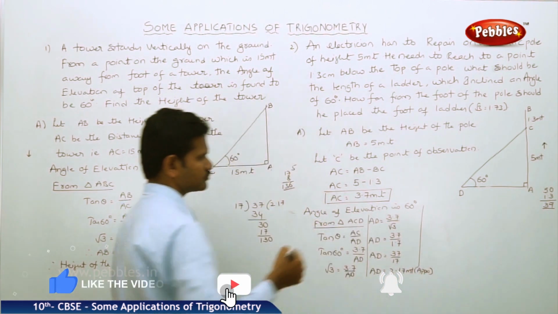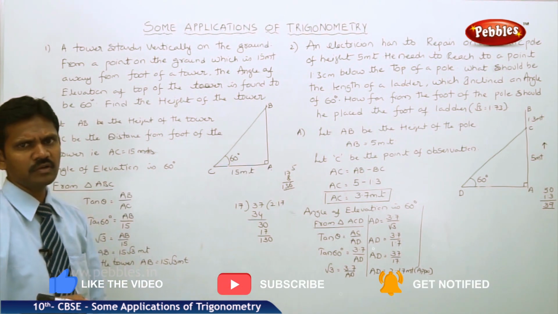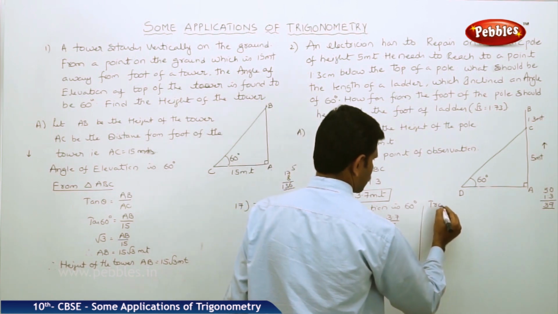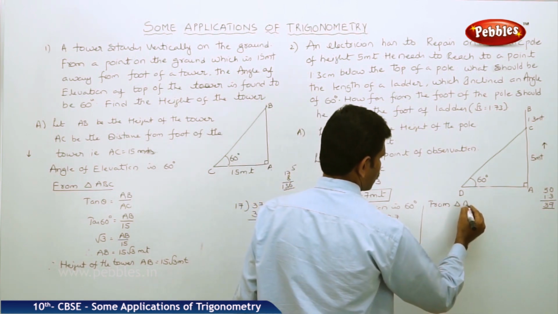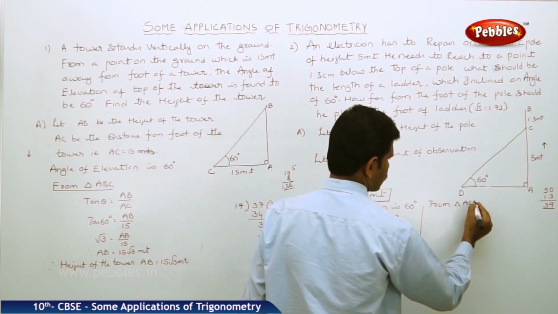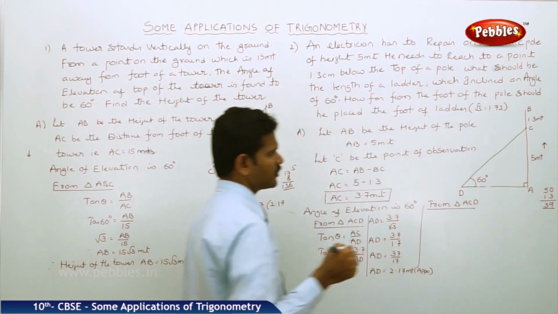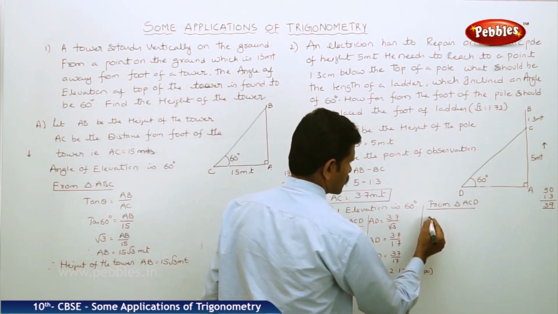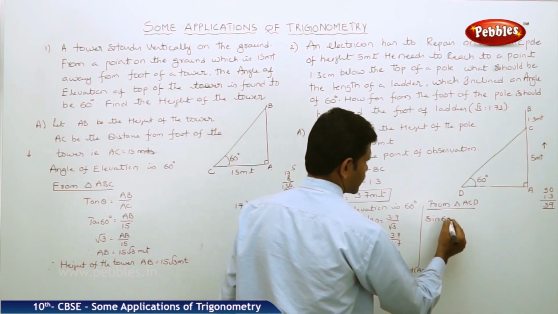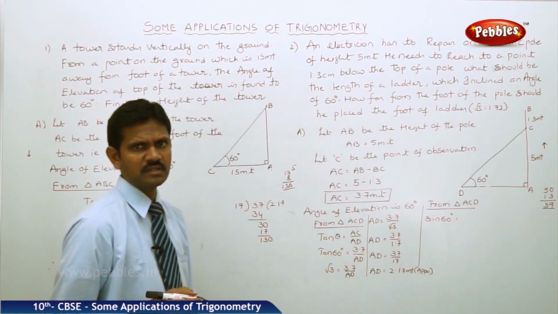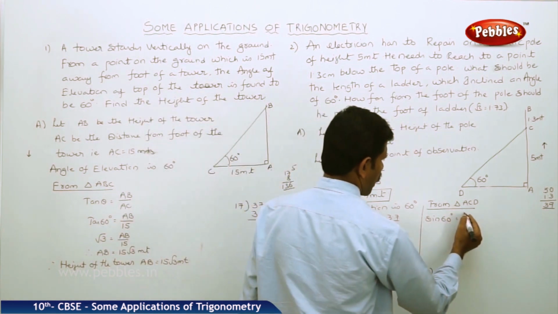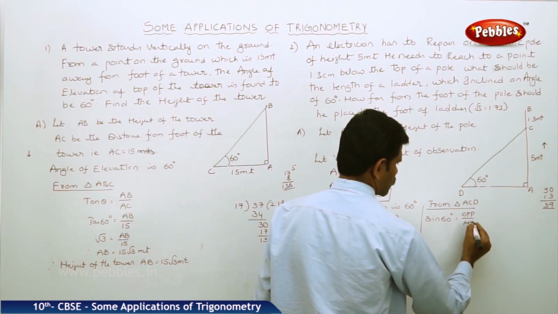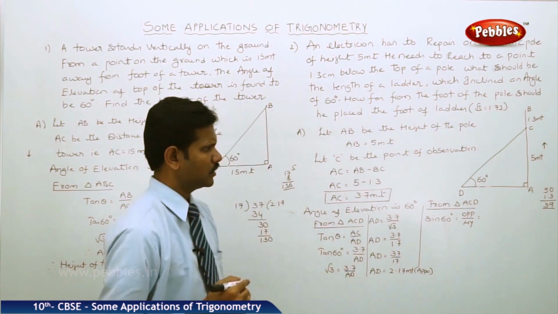Next, after this I have to find out the length of the ladder. Again, from triangle ACD, sine 60 degrees is equal to opposite side by hypotenuse, the standard formula.